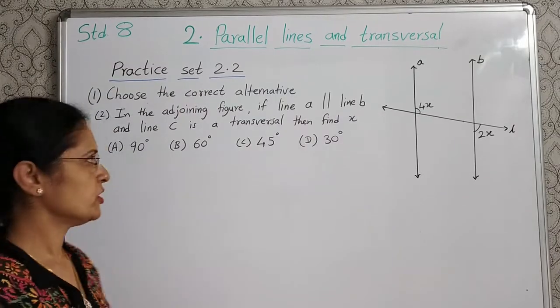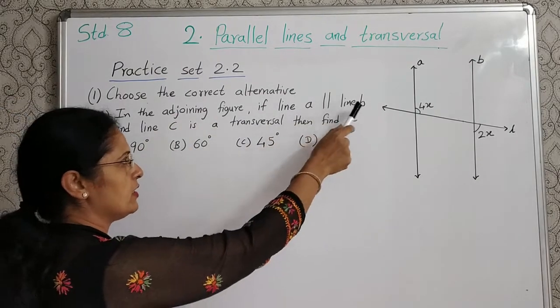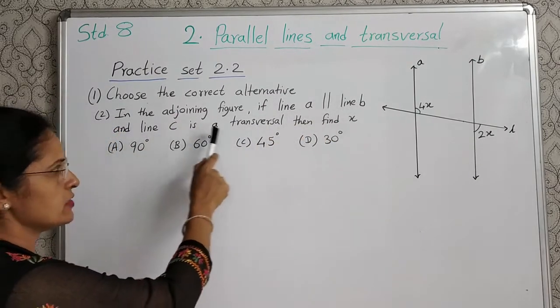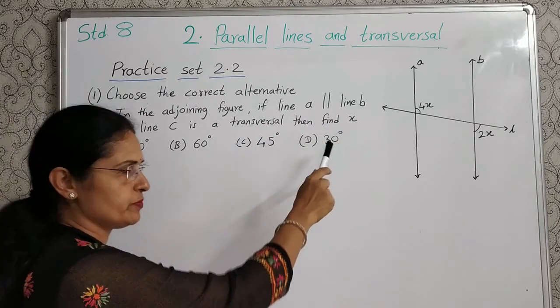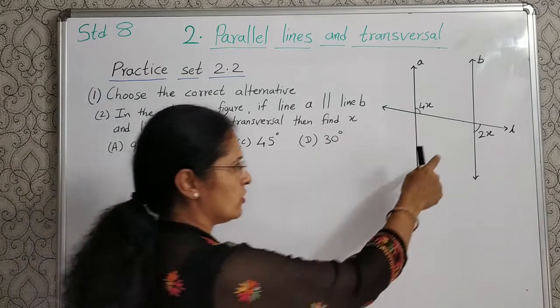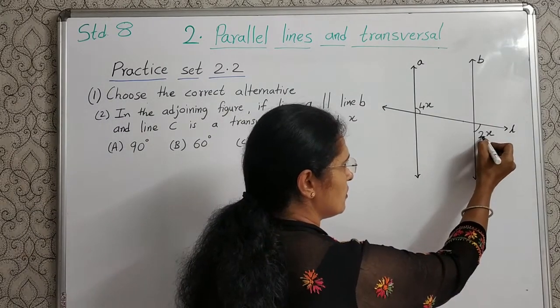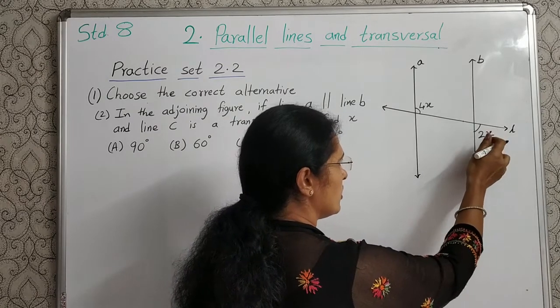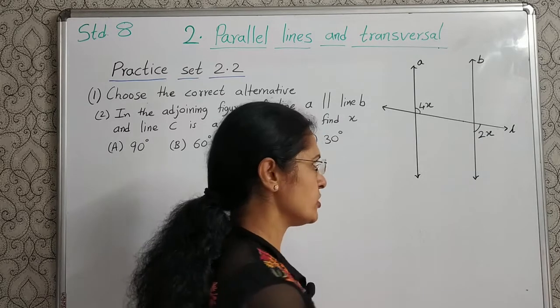Now sub question 2. In the adjoining figure, if line a parallel line b and line c is a transversal, then find x. Again 4 options are given here. Now observe the diagram. Here this angle is given 2x. The angle which is behind this angle is called the vertically opposite angle.